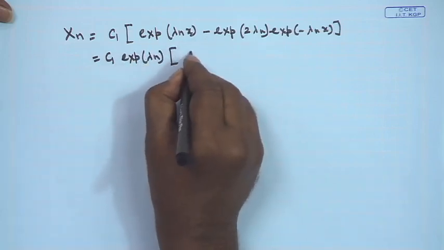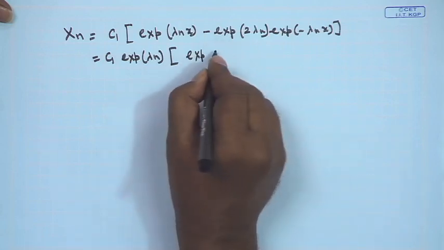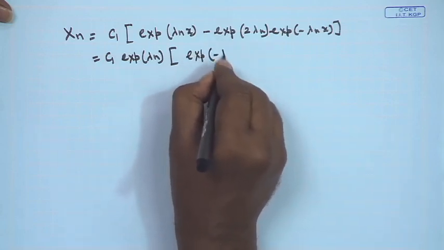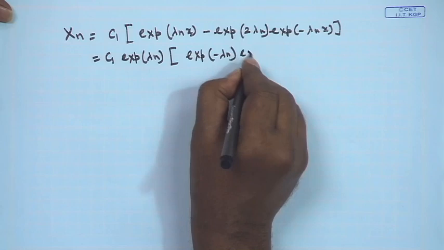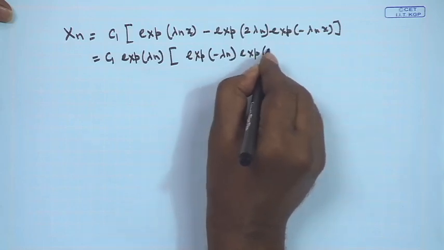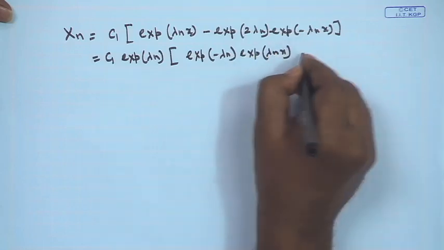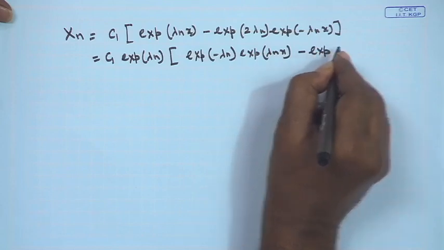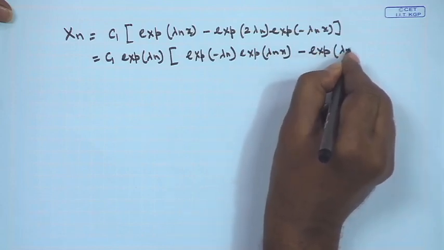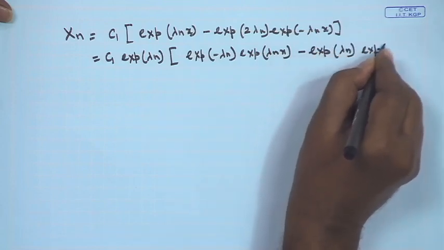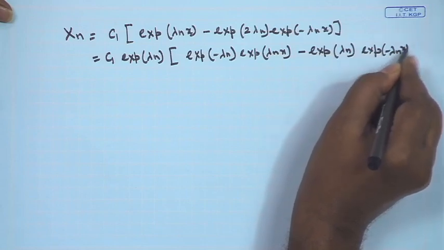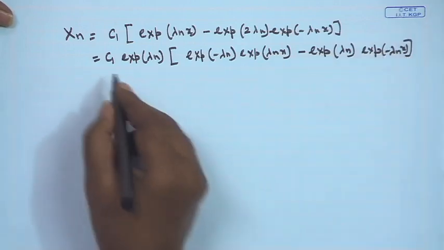So, it becomes exponential minus lambda n, exponential lambda n x minus exponential lambda n exponential minus lambda n x, bracket. Then we take minus common.